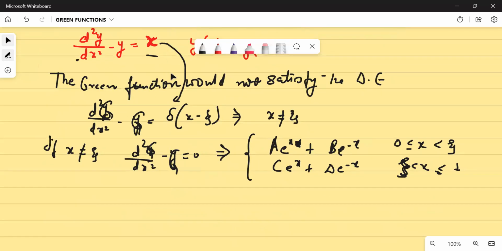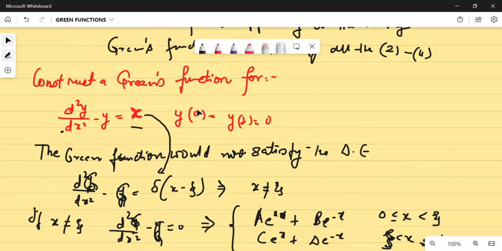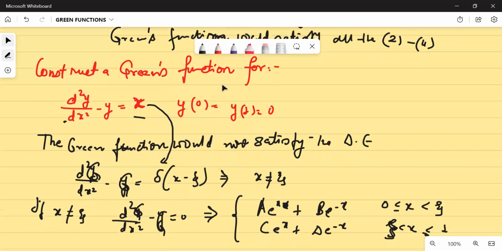Sir, between zero and one we are taking zeta, it is mentioned in the question, that is why we are taking the function between zero and one for the boundary value problem. Yes, exactly, 0 and 1, you can find out from here. Whatever initial conditions are given, from them you get your a and b. y0 and y1 equal to 0 are given. So initial conditions are mentioned at point 0 and 1. Is that clear? So from here you will get an idea of where your differential equation is defined.